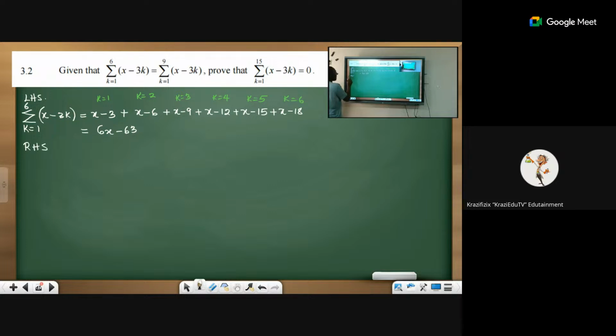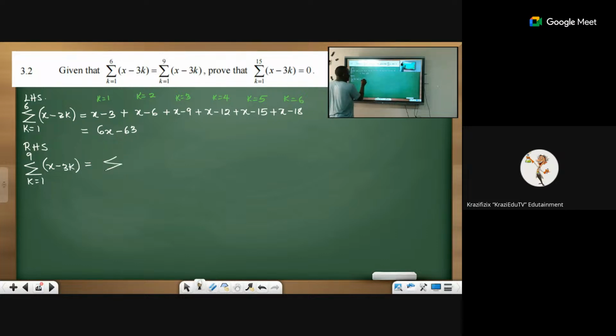Now, what about the right-hand side? Check, it is from k equals 1 to 9. Do you notice it is the same expression? So I want to do something. Can I say 6x minus, let me do this first.